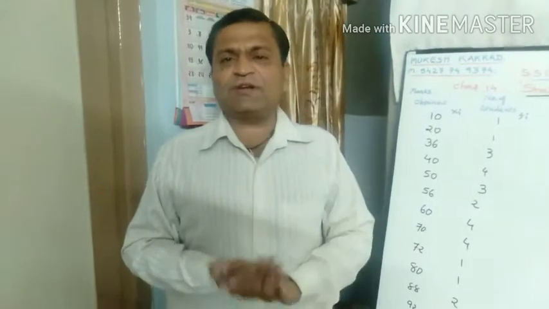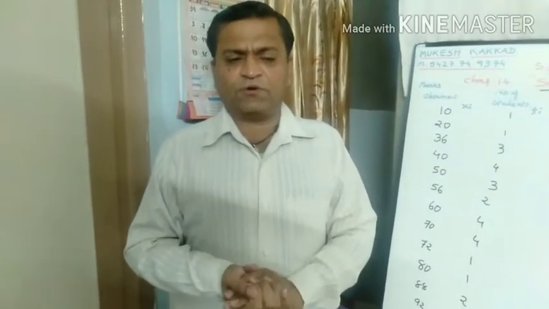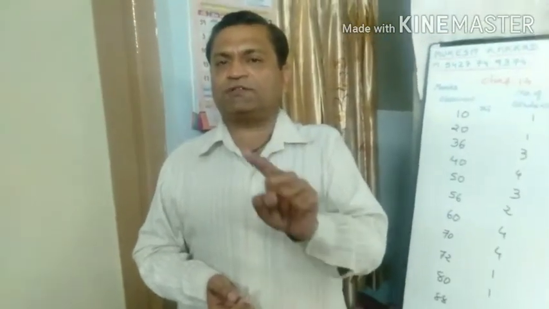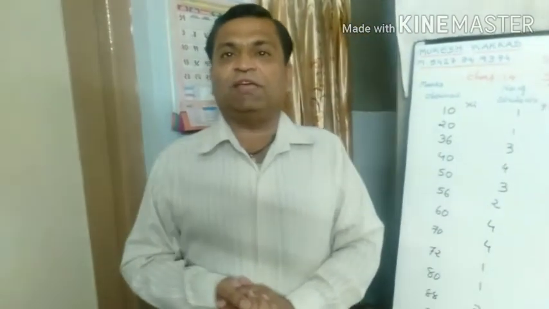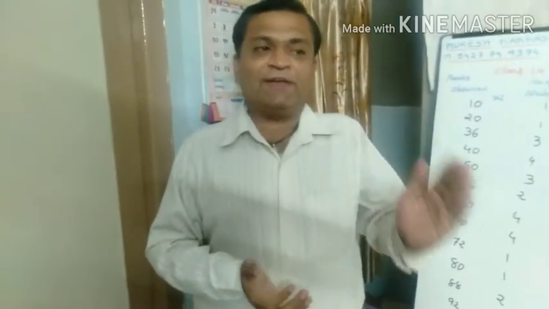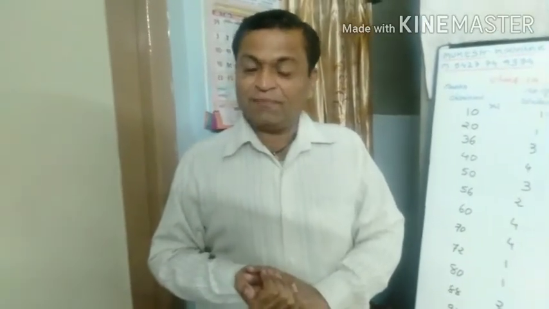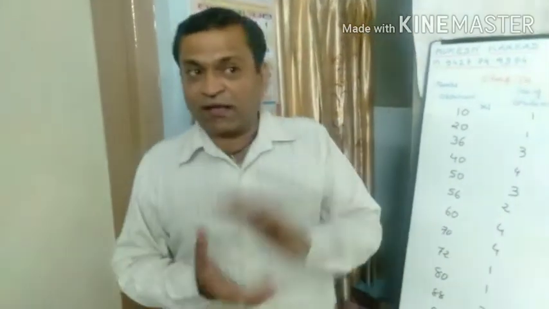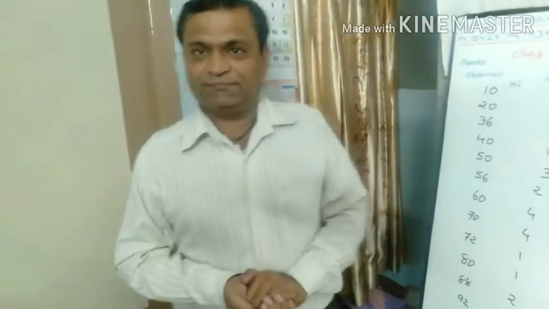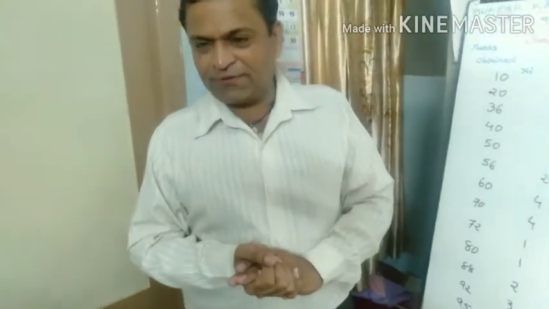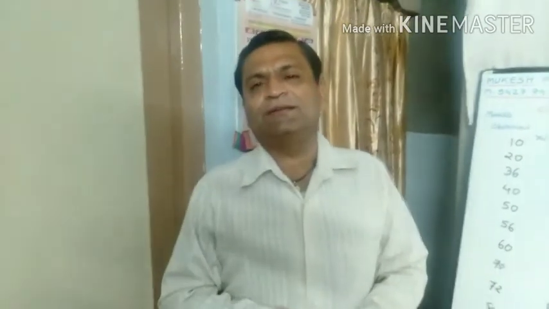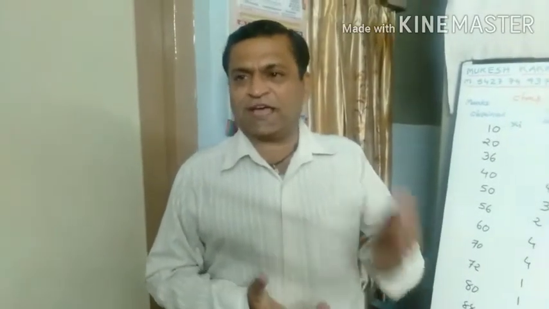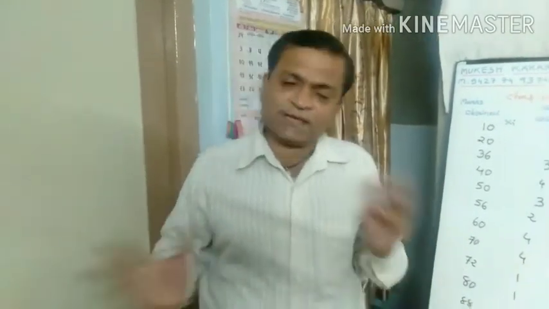How? 5 students have got, suppose, 10 marks, then their sum will be 10 plus 10 plus 10 plus 10 plus 10, that is 50. I will not do that. I will do 10 fives are 50, because product is nothing but one type of addition, repeated addition. 4 students got 9 marks, then the sum for those 4 students will be 9 fours are 36, because 9 plus 9 plus 9 plus 9 is 36.